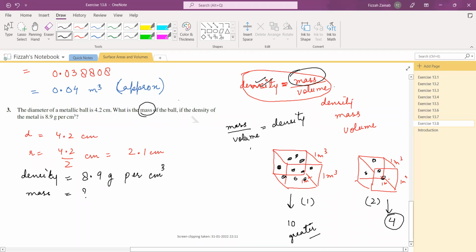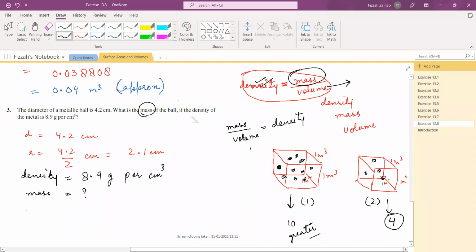So basically you will require volume. Then only you can find out mass. So first step is to find the volume of this metallic ball so that we can find the mass from this formula. Is this point clear?